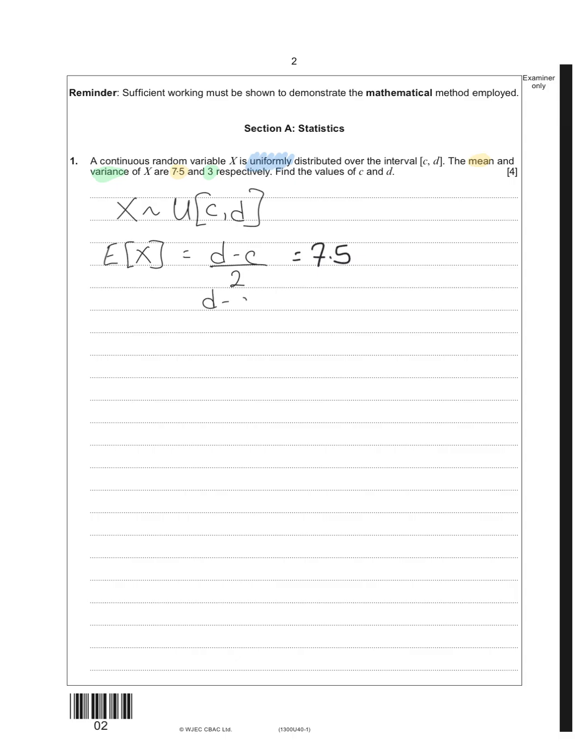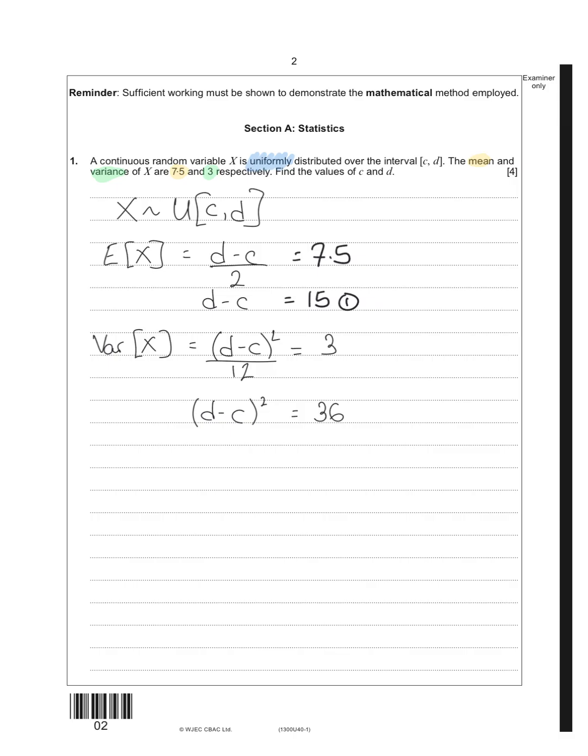So I can say that d minus c is 15. And then there's my first equation. Variance of X, which remember is d minus c squared over 12, and that's equal to 3. So d minus c all squared equals 36.